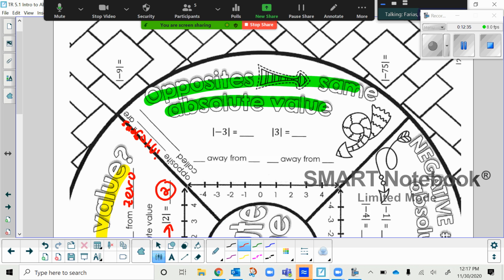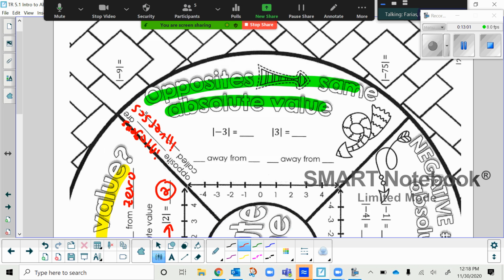Opposite integers are called inverses. And we touched on that on our chart. Meaning 3 and -3 are inverses of each other, but they have the same absolute value.